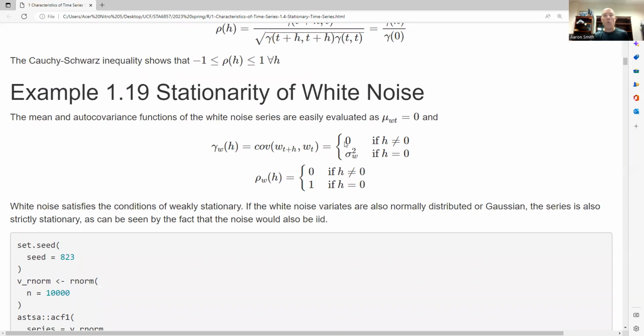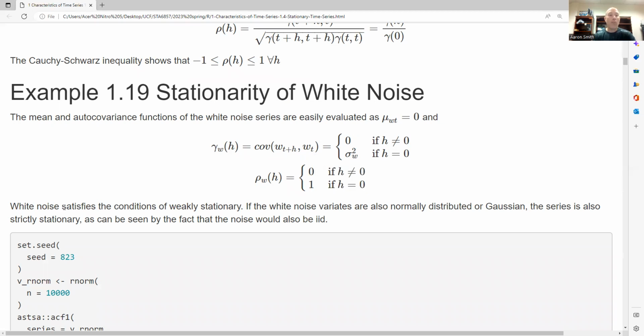And so we have 0 if my points in time are different, and I have the variance of the Gaussian process if the 2 points are the same. And then, of course, correspondingly, looking at the autocorrelation, it's going to be 0 or 1.